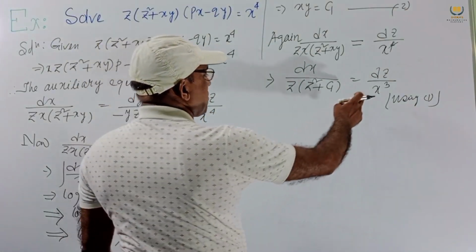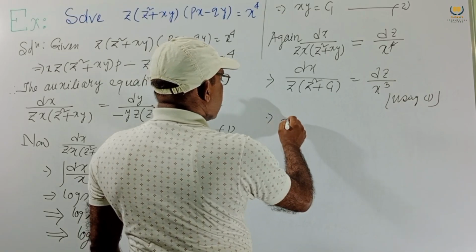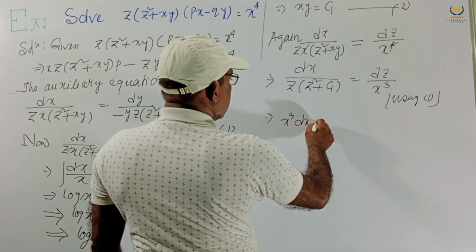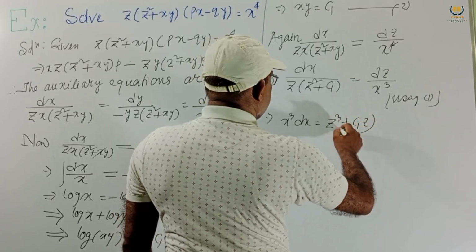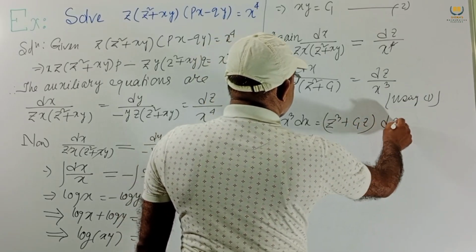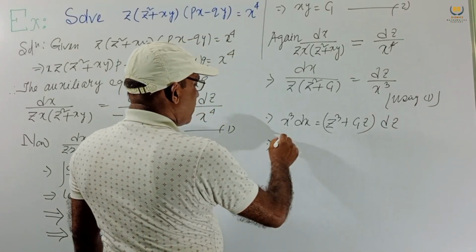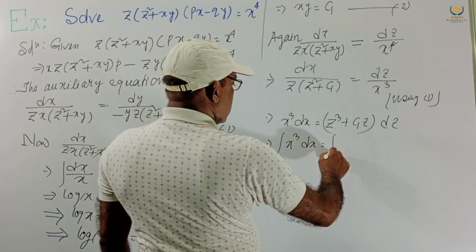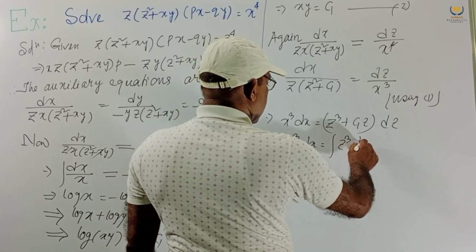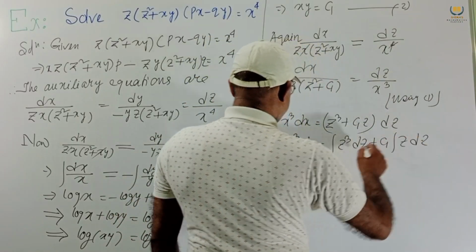Now cross multiply, x cube multiplying this side, this one on the right hand side. This is x cube dx equals z cube plus c1 z dz. Now integrate this: x cube dx, this is z cube dz plus c1 z dz.